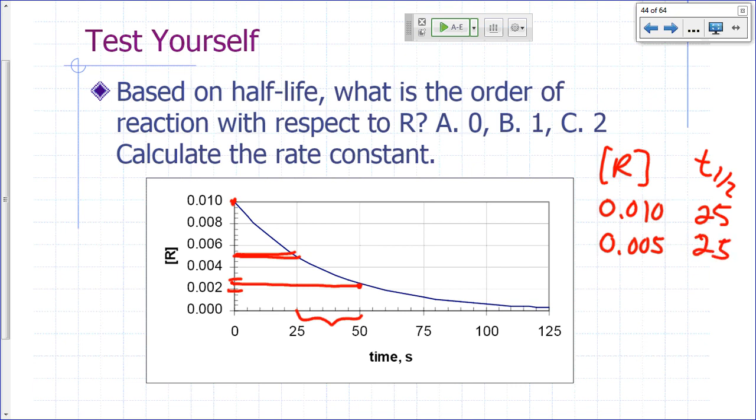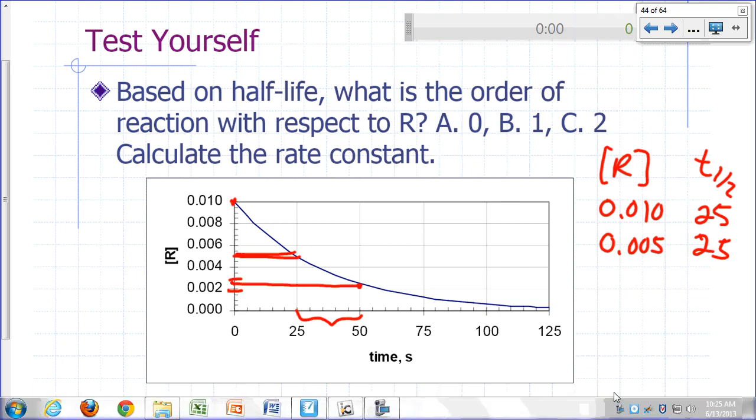So based on this information, is the order of the reaction 0, 1, or 2? Obviously, it's not 2, right? We've talked at length about second order.